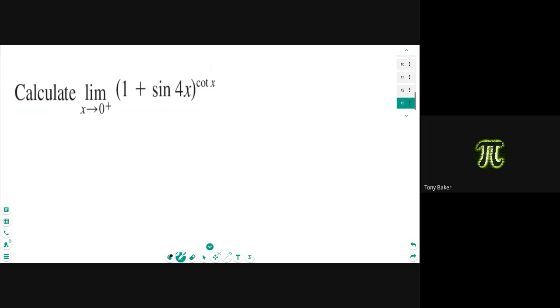All right. So if we plug in 0, we get 1, and cotangent of 0 goes to infinity. So 1 to the infinite power.